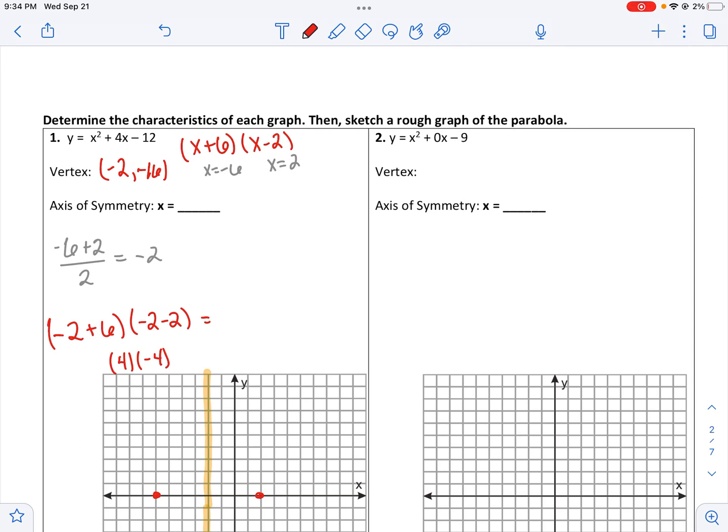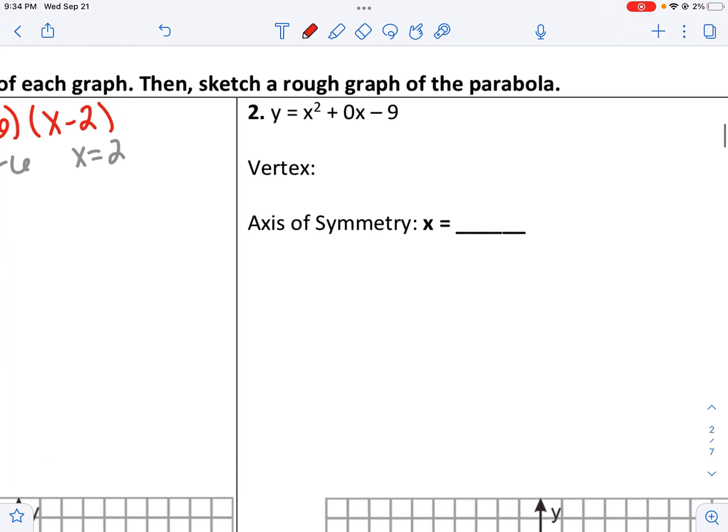The axis of symmetry, x equals, comes from my vertex, negative 2. And my y-intercept, if I wanted to know where the y-intercept is, I'll just look at this last number. It's a negative 12.